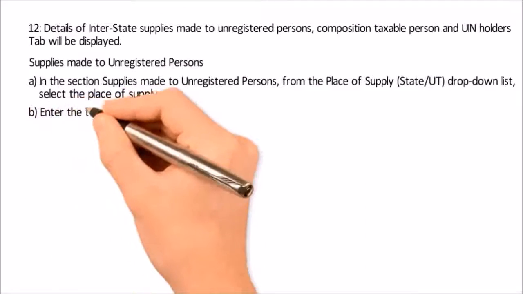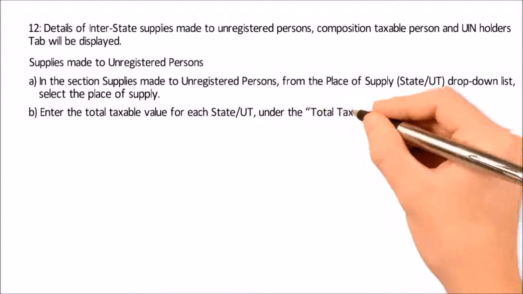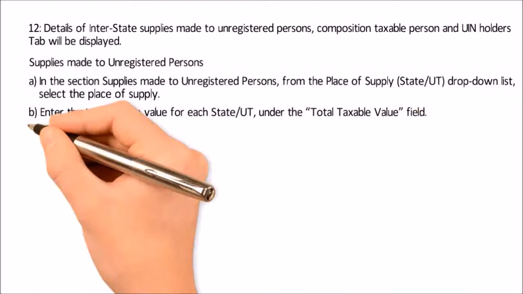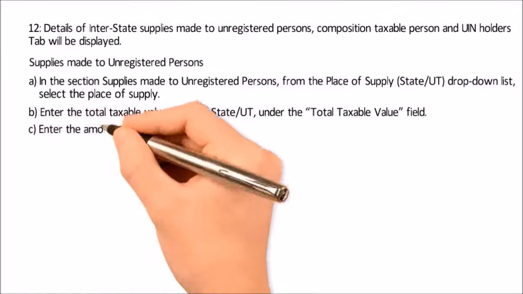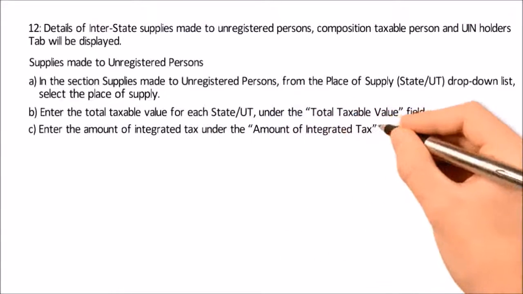B. Enter the total taxable value for each State/UT under the Total Taxable Value field. C. Enter the amount of integrated tax under the Amount of Integrated Tax field.